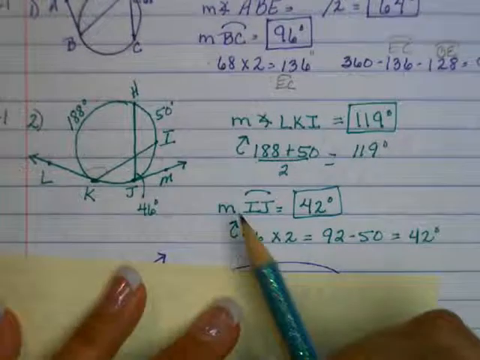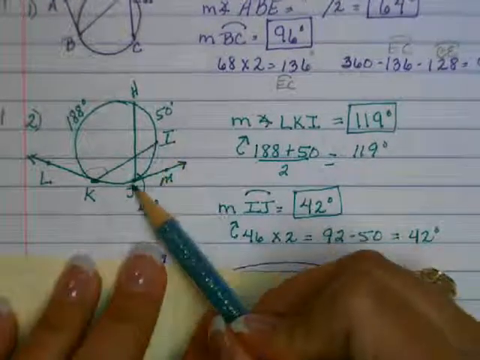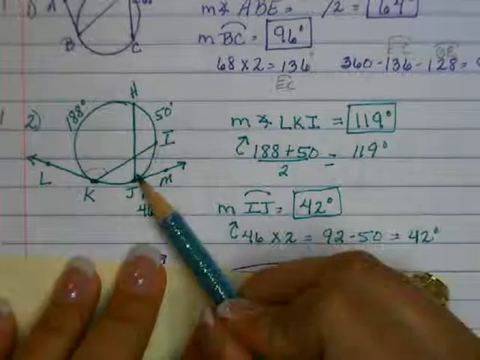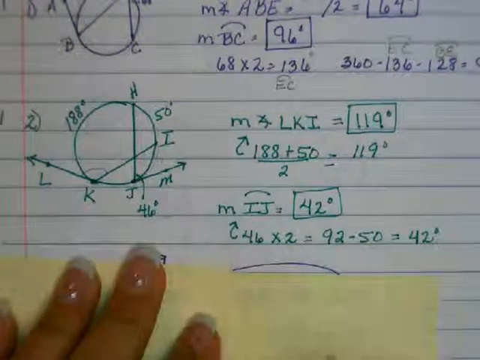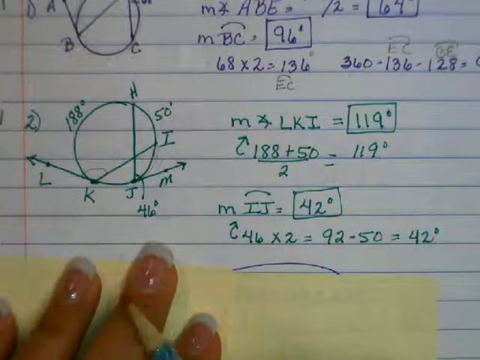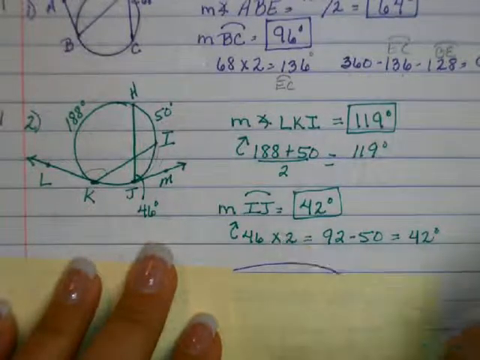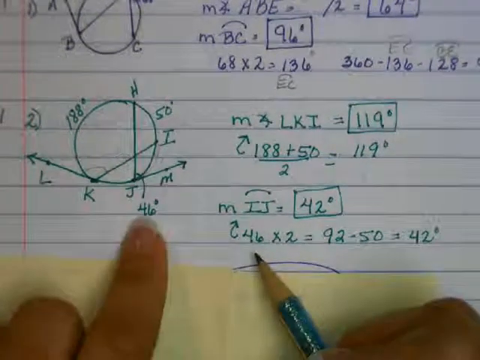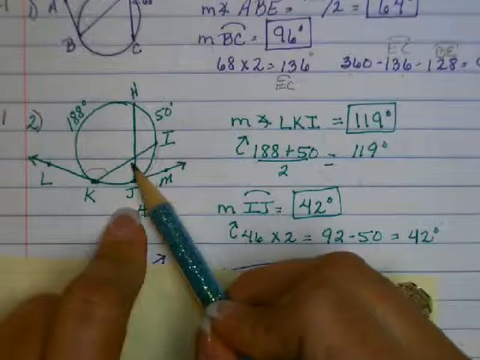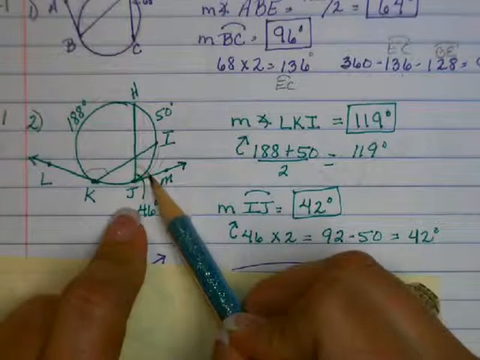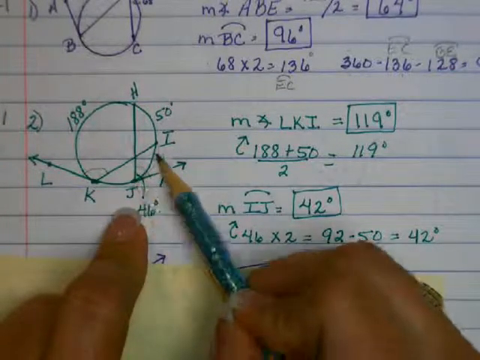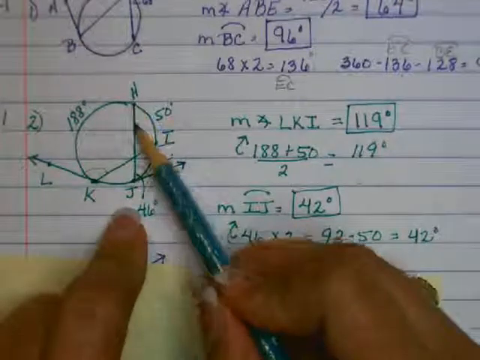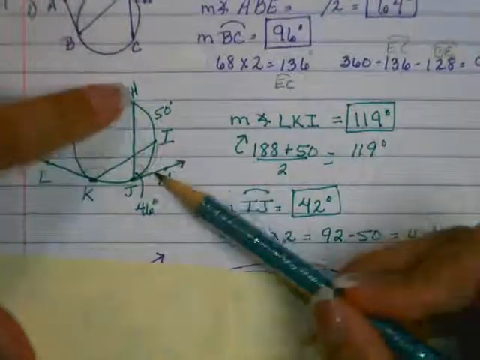Then we are going to look for the measure of this arc, IJ. Well, they gave us the measure of this angle, HJM. Okay, so in this, we have 46 degrees, but this angle, it's not going to give me just this little arc because its arm reaches all the way over here. It intersects this big arc.